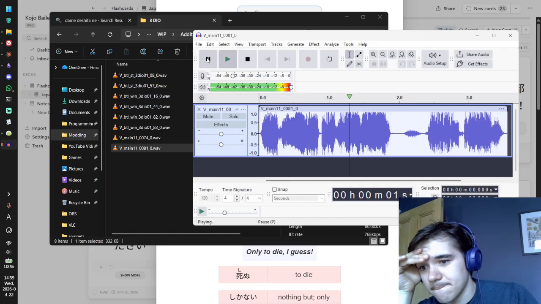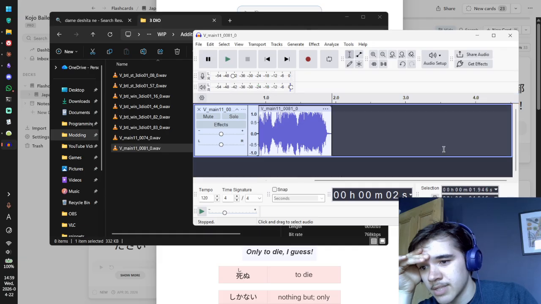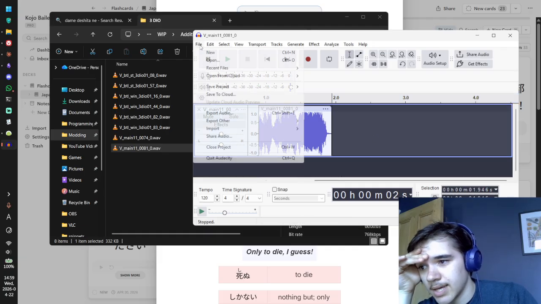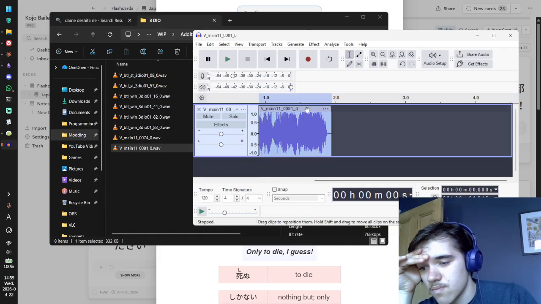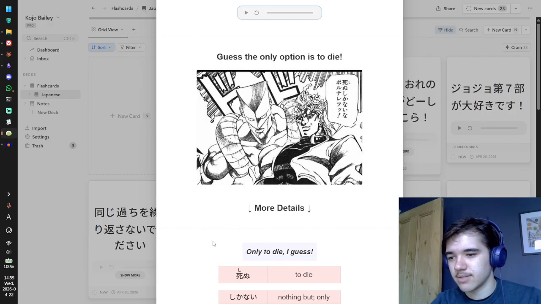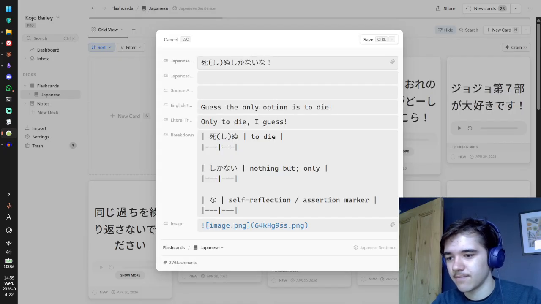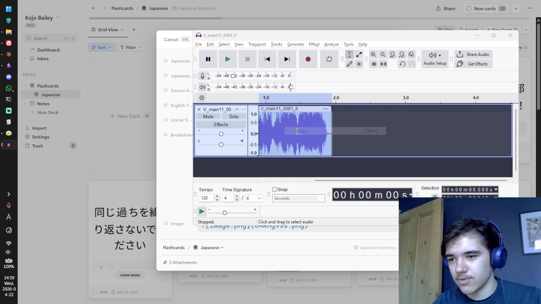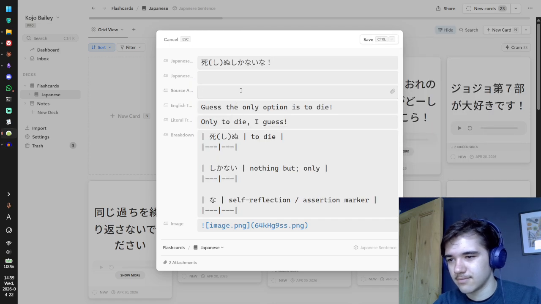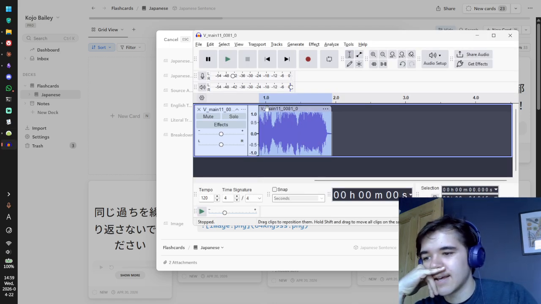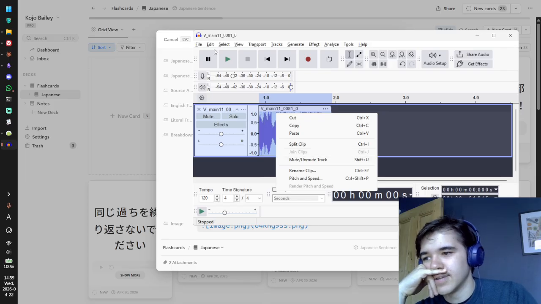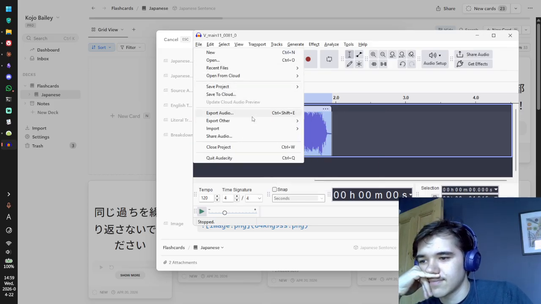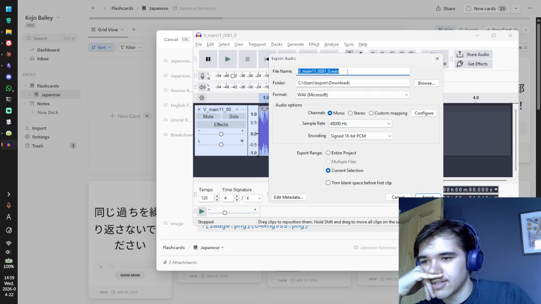Shinu shikanai na. So we'll just take this part. I will cut out this part. And we will... Can I just copy this, actually, directly? Because that'd be great. Or is it too, like... No. Okay, unless I can... No. So file, export to my clipboard.